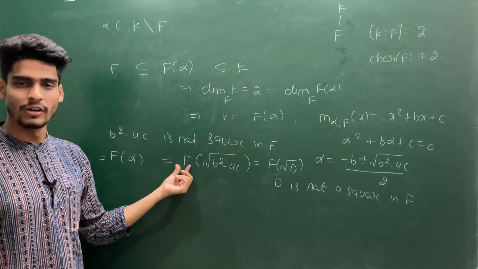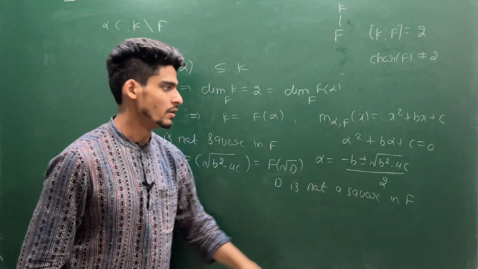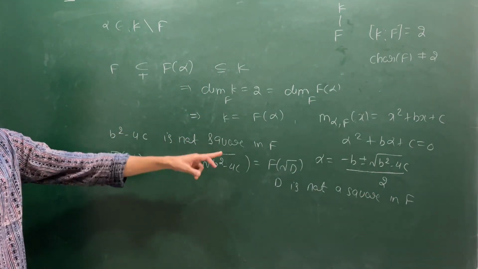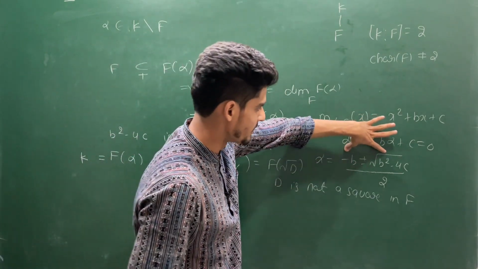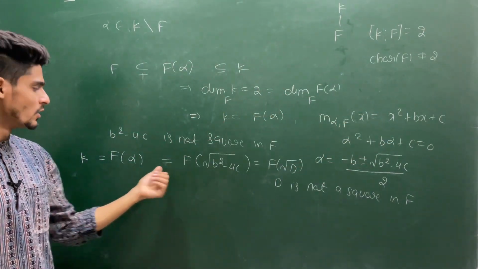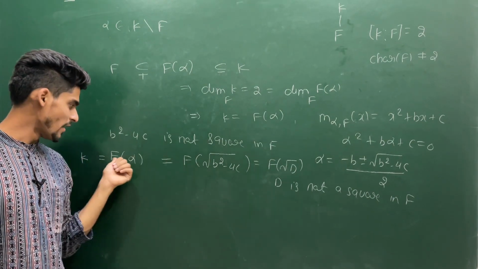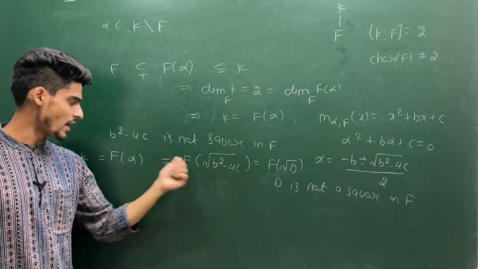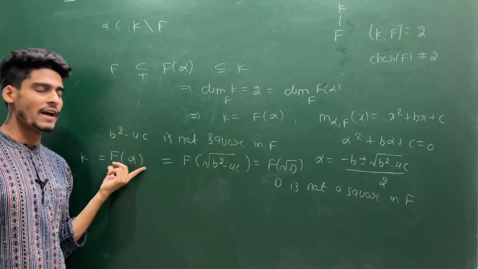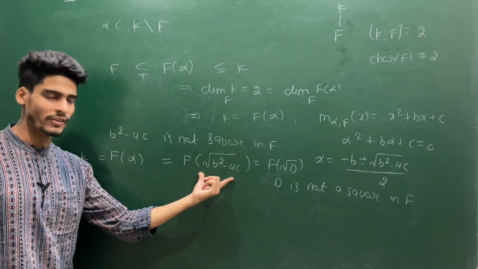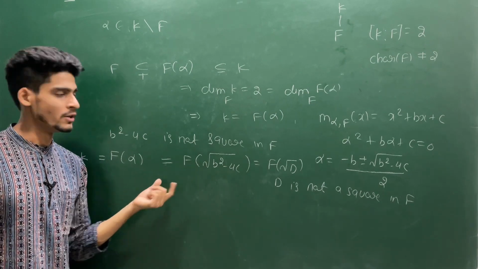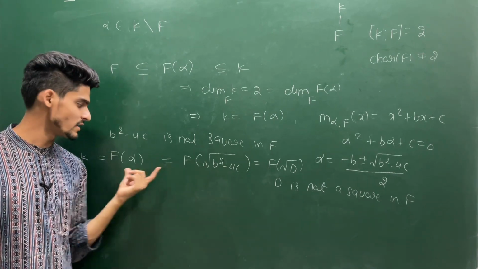This square root is available in this, so their multiple with 2 will be there, or multiple with 1 by 2 will be there. So alpha you can write in this combination, and this combination is already available here. So alpha belongs to this, F is already present here, and this F(alpha), by definition, is the smallest field containing F and alpha. This is another field which contains F, which contains alpha. So this is the smallest field, this contains this F(alpha).